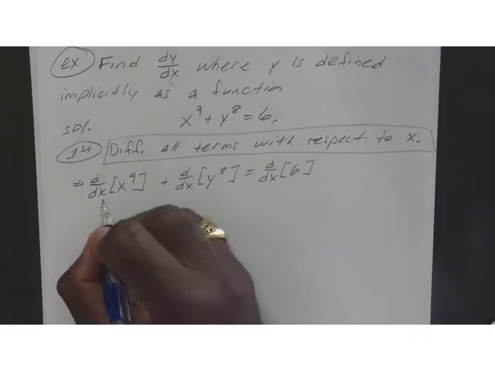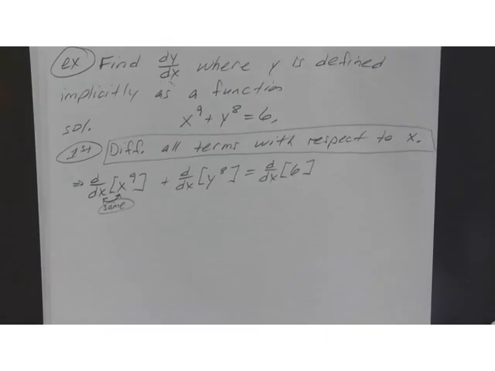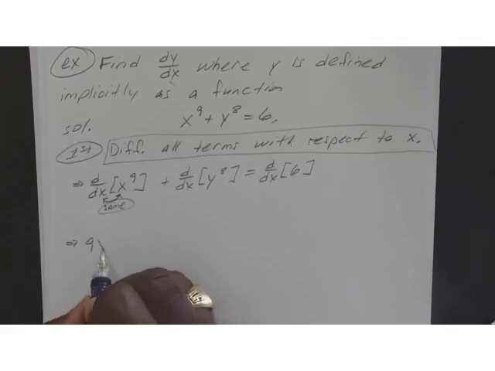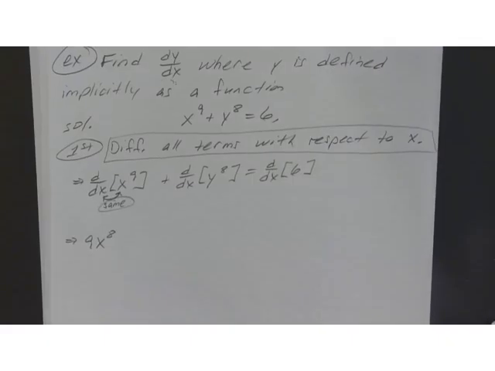So you can see here, our independent variables are the same. So that means we can just use the regular ordinary power rule. So that's 9x to the power of 9 minus 1, which is to the 8th power.